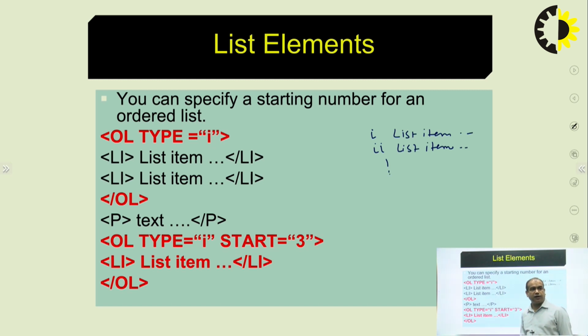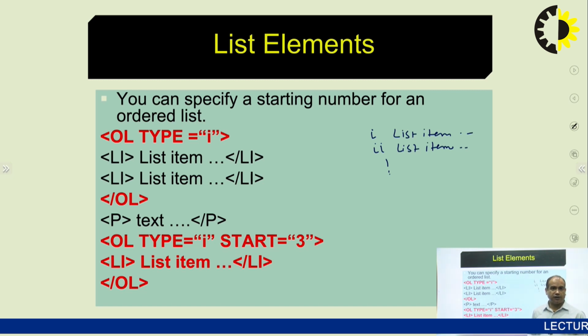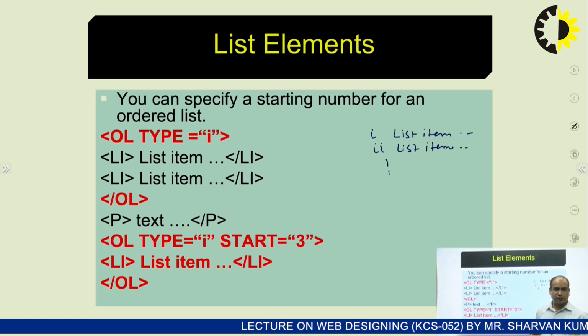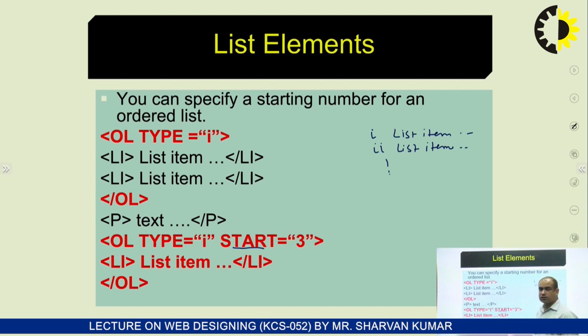The next attribute we are going to use is the start attribute. The start attribute represents the starting value of the list. In the earlier case we saw it start with 1, 2, 3. If I wish to start with the third value, I will use the attribute start.